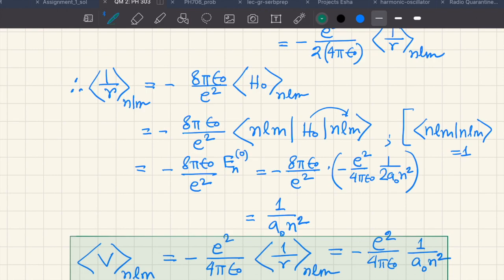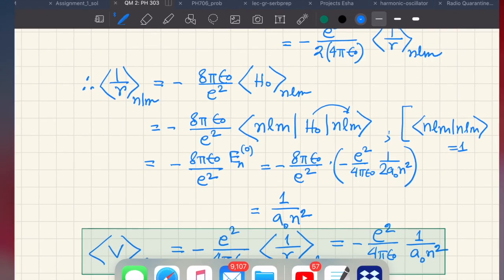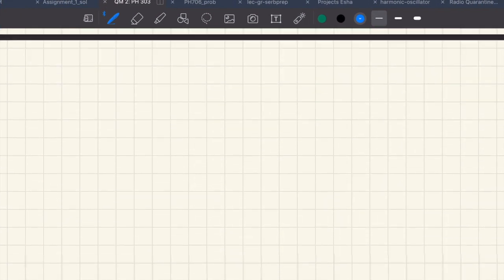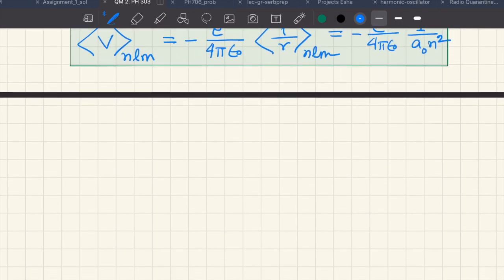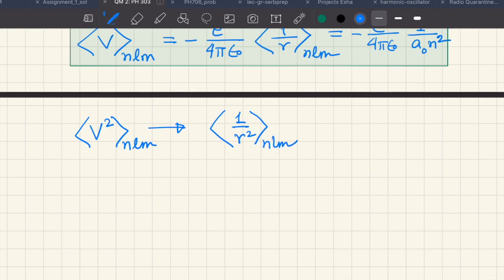So therefore we can immediately calculate the V squared expectation value also. That will require the calculation of the 1 by R squared operator in the same set of states NLM. And this I am asking you to solve as a homework.